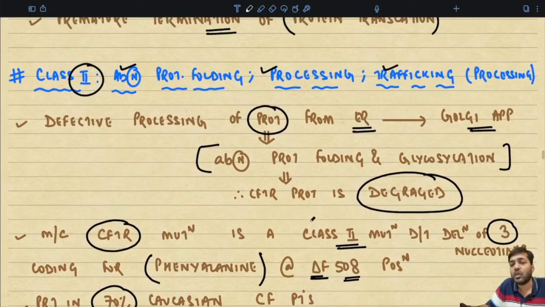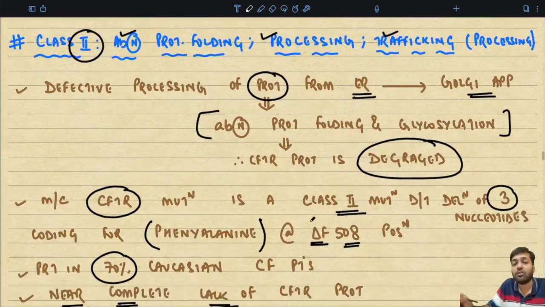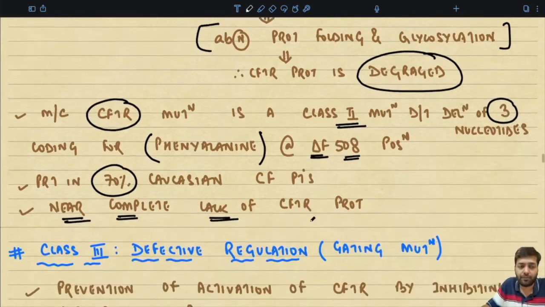So a very important MCQ point here is that class 2 is a processing, trafficking or protein folding defect, and it is also the most common CFTR mutation that we see, mainly occurring because of deletion of 3 nucleotides coding for phenylalanine at position 508.